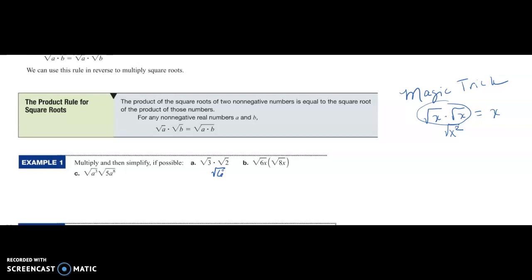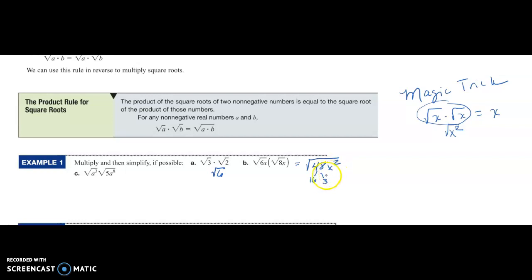But now, looking at the square root of 6x times the square root of 8x, that equals the square root of 48x squared. Now, you can keep your little magic trick, and there are going to be a couple ways home on this kind of problem. Here, the fastest thing to realize is that 48 is 16 times 3.